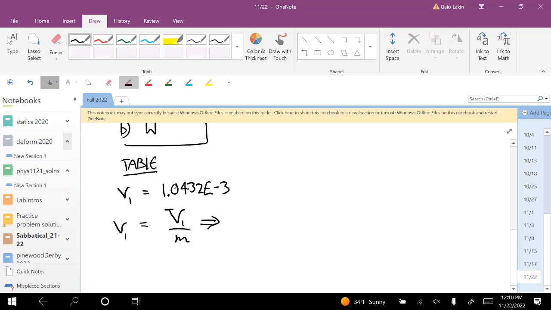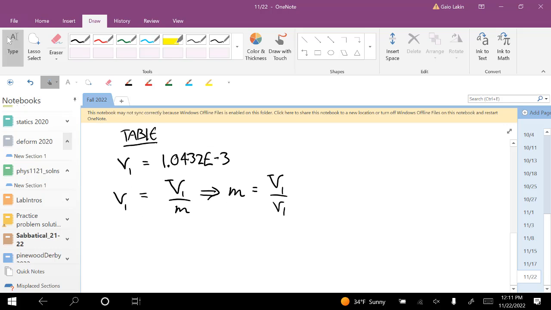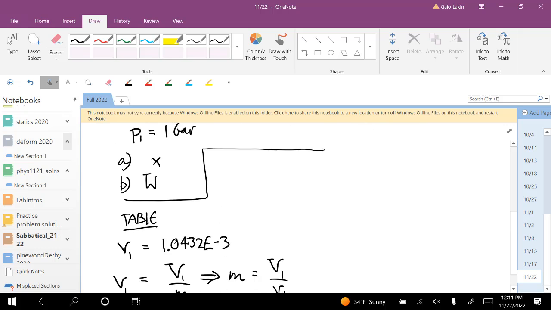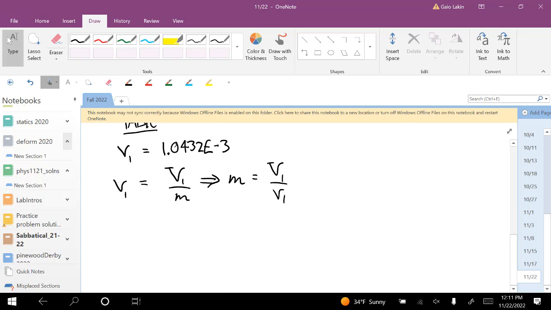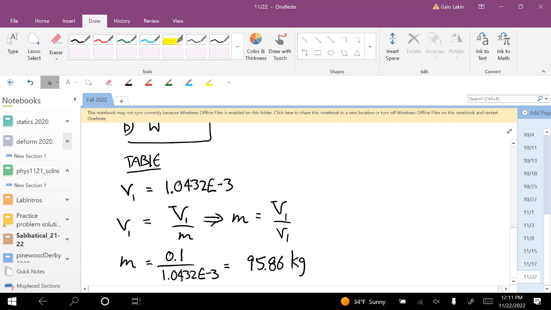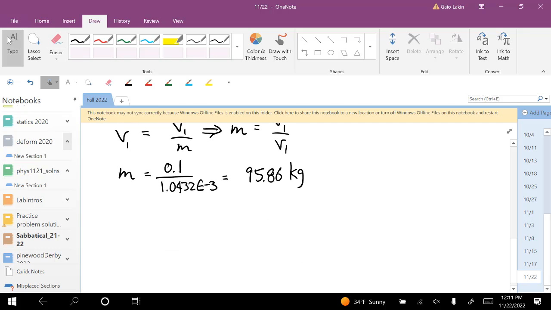So you can get the mass from that. And so the mass is 0.1 divided by 1.0432 times 10 to the minus third, and you get 95.86 kilograms.